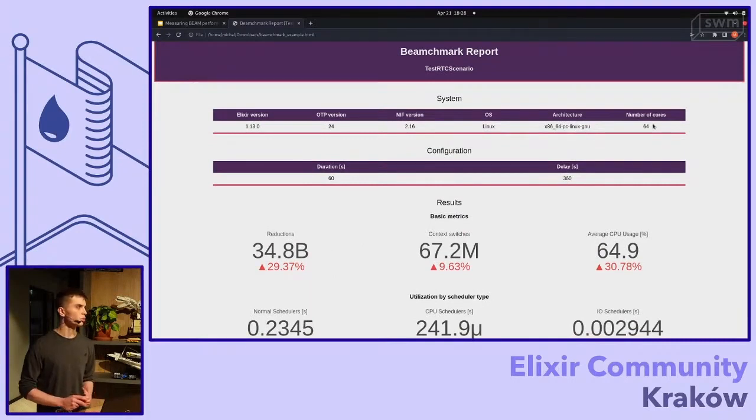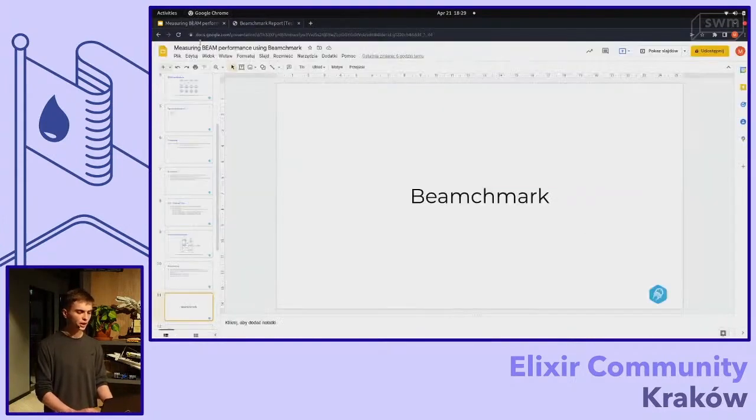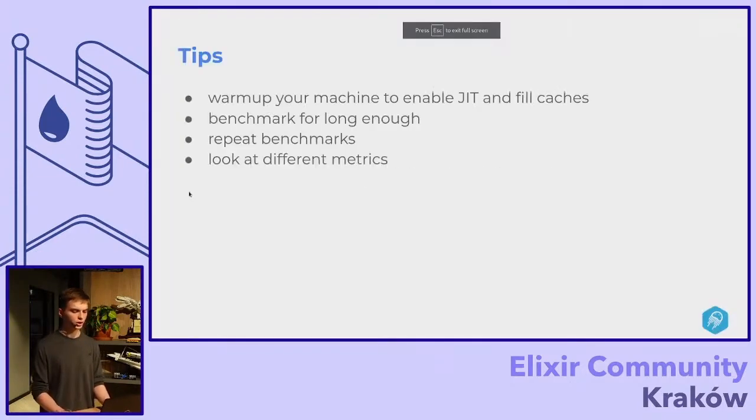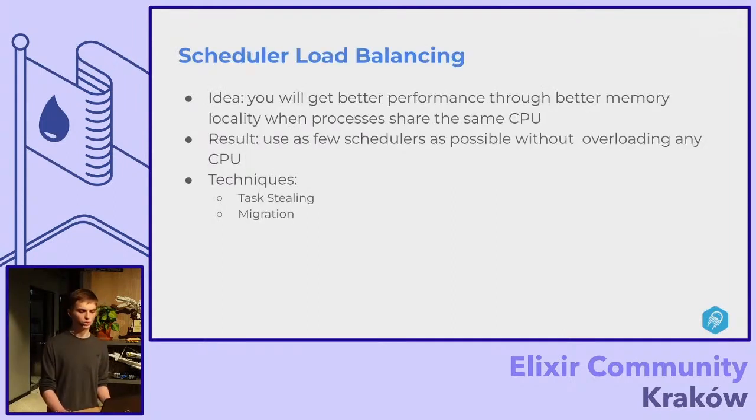And the reason why it is displayed like this, well, to know that we have to go back to the Beam internals, and this is because of scheduler load balancing. So let's go back to the presentation. Here are some tips that I was describing while running Beamchmark, on scheduler load balancing. The idea is that you will get better performance through better memory locality when processes are on the same CPU.